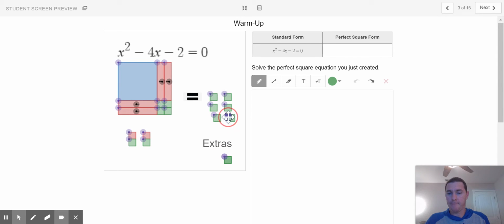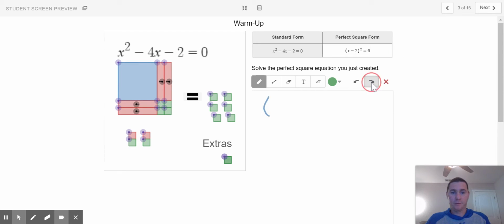Here we go. Okay, so everything is balanced. We've made a perfect square by completing it with 6 singletons. So my perfect square form is x minus 2, because we've got negative 4x to begin with. So x minus 2 squared equals 6.